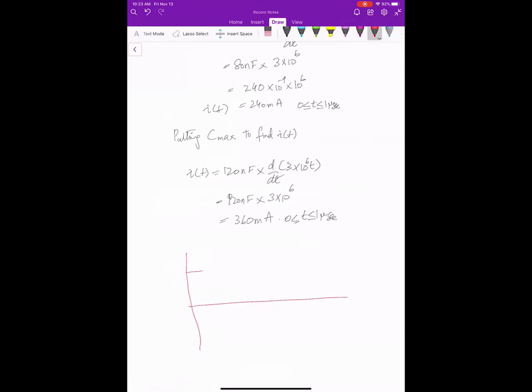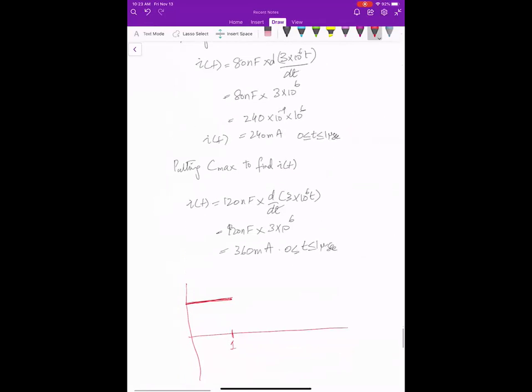So from 0 to 1, I have 240 milliamps. Let's say this is 240 milliamps for C min, that is 80 nanofarad. So this is the current waveform, and this is the time in microseconds.